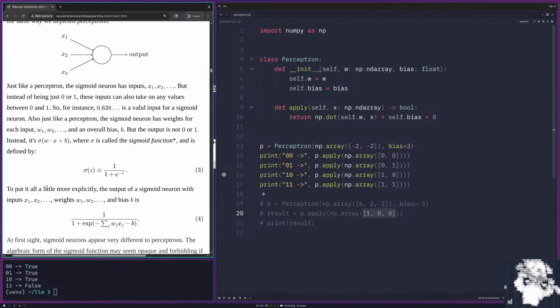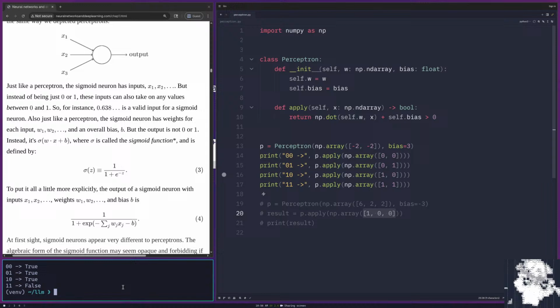To put it all a little more explicitly, the output of a sigmoid neuron with inputs x1, x2, etc., weights w1, w2, etc., and bias b is 1 over 1 plus e to the negative sum over j of wj times xj minus b.